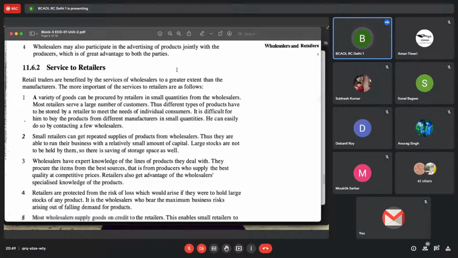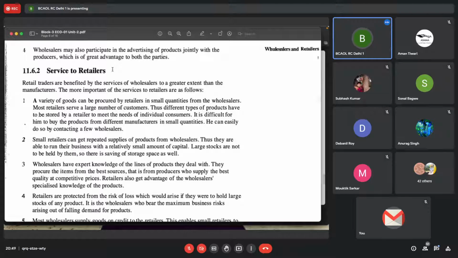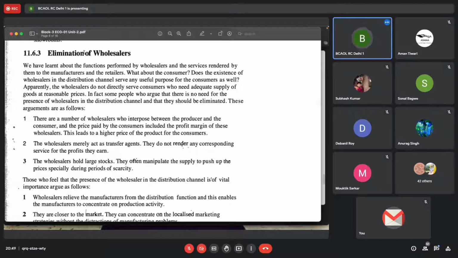Services to the retailers, you can read similarly. So the next question that comes is whether we should eliminate the wholesaler or not. Guys, it depends on the circumstances, because everything has pros and cons.